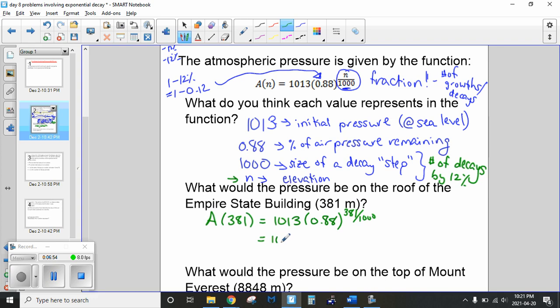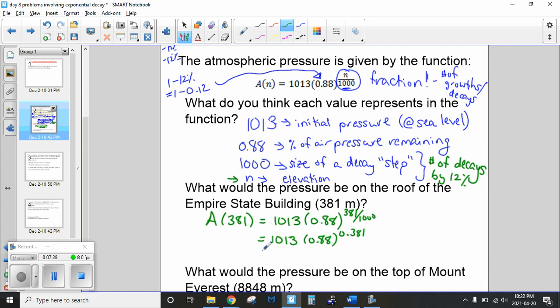I'm going to simplify that a little bit before grabbing a calculator. 0.88 to the exponent, and this is going to be 0.381. So that's kind of weird, but we can type that in the calculator. This means we haven't yet gone up a full 1,000 meter elevation increase. We've done less than 1 increase.